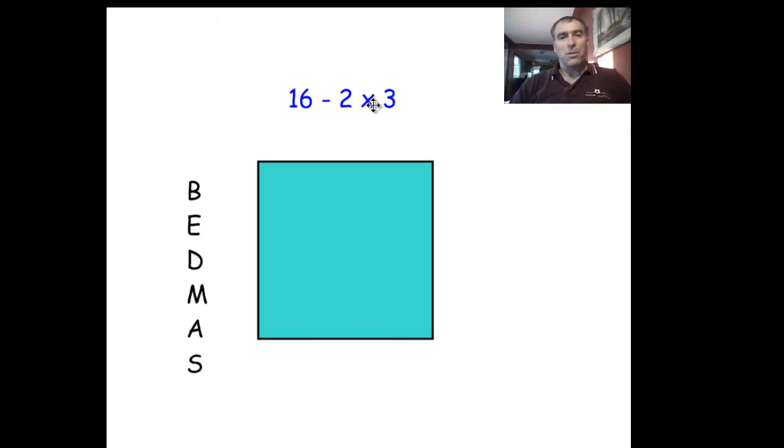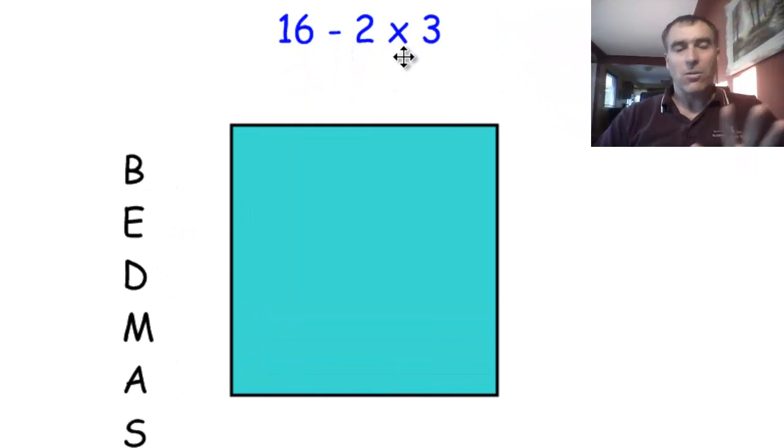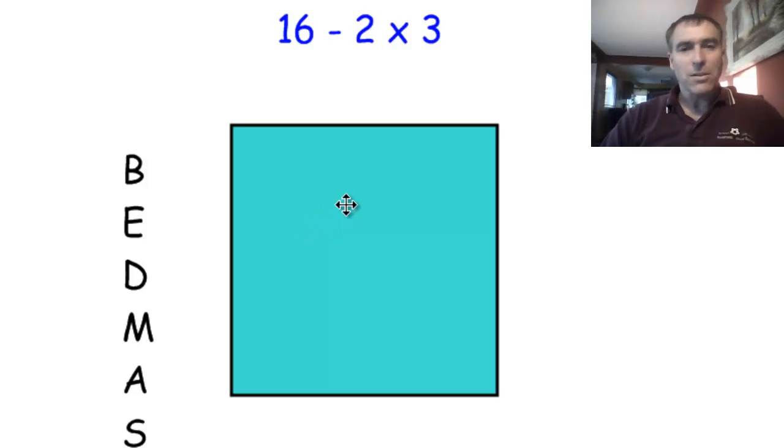So how does this apply? Well, let's look at a question, and I've got my BEDMAS written down here to look at. Do we have any brackets in this equation? No. So you don't have to worry about it. Do we have any exponents? No. Do we have any division or multiplication? Well, yes, we do. So that's what's going to be first.